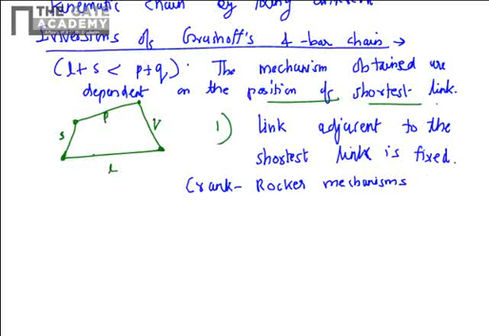So if you are going to fix the link L, which is the longest link, or P, which is an intermediate link, both of those are adjacent to the shortest link. If you fix any of these two, you will find that you have a mechanism where the shortest link is able to make a complete turn. So in such a mechanism, whether you fix this link or this link, in any case, the shortest link will be able to make a complete 360-degree rotation.